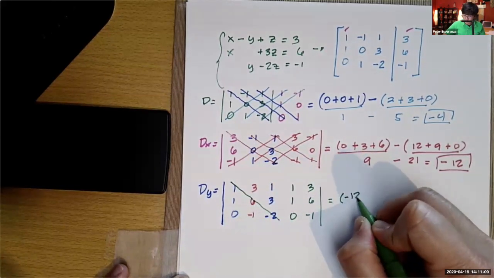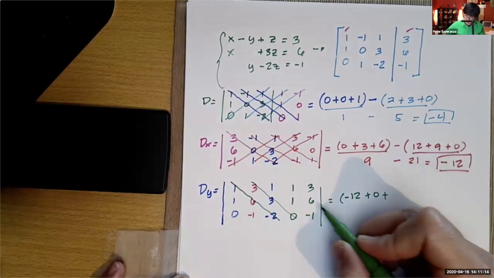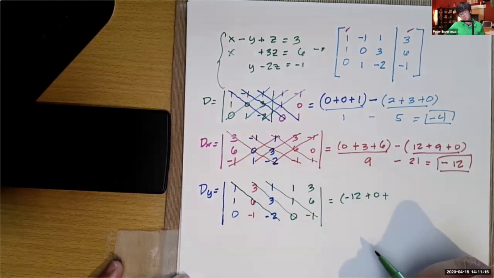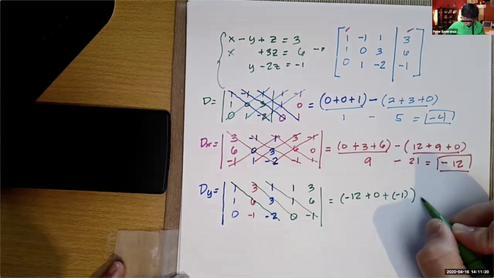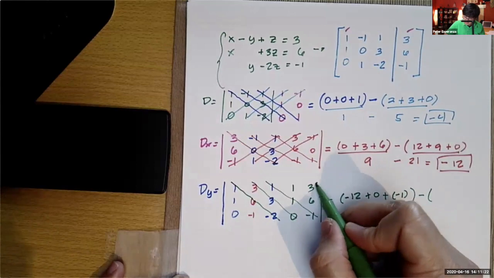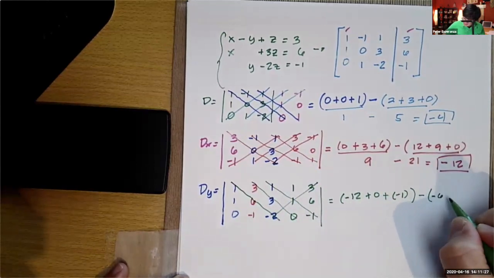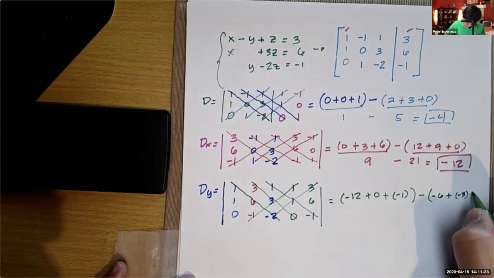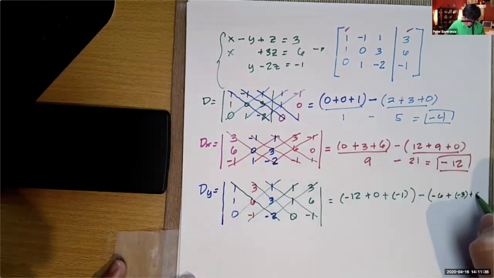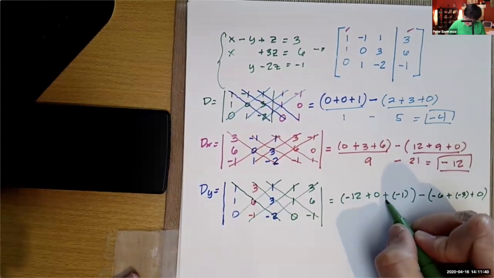Negative 12 plus 0 plus negative 1 minus negative 6 plus negative 3 plus 0. Okay, now I will clean this up. This becomes minus.